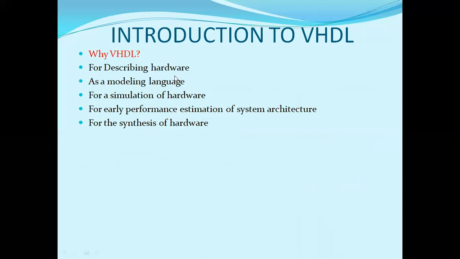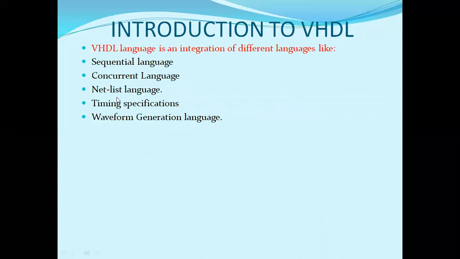So why are we using the VHDL language? It is used for describing hardware, as a modeling language, for simulation of hardware, for early performance estimation of a system architecture, and for the synthesis of hardware. We use VHDL for all these benefits. VHDL is an integration of several languages.